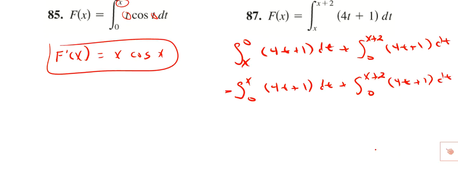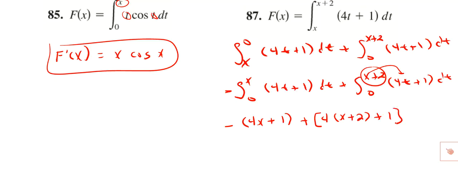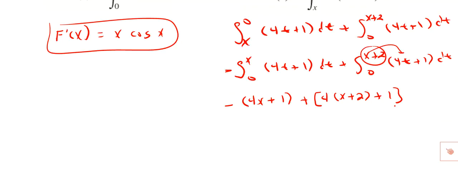Now we can find the derivative of the antiderivative by simply evaluating this at x. So minus 4x plus 1, plus 4 times, replace t with x plus 2, x plus 2 plus 1. So negative 4x minus 1.